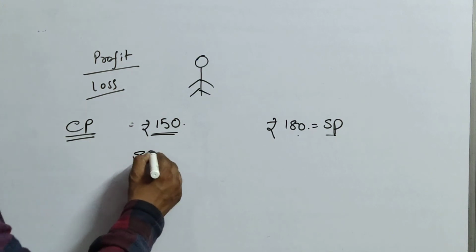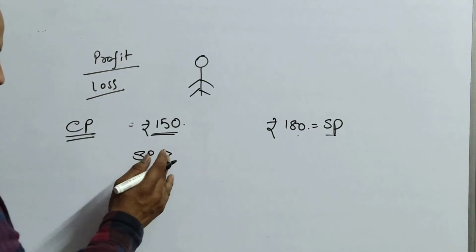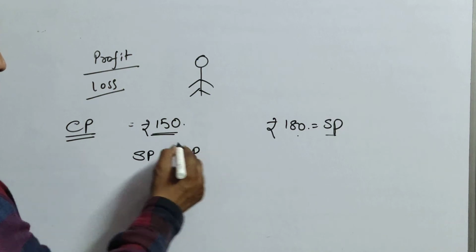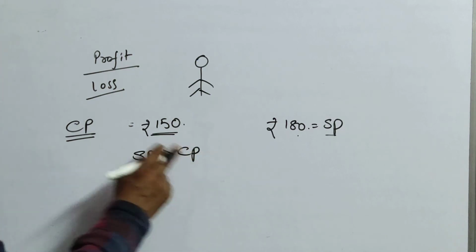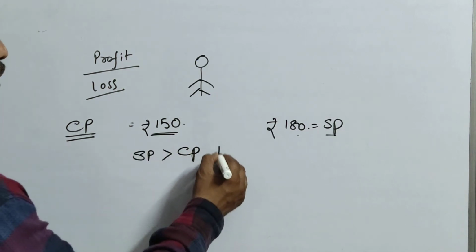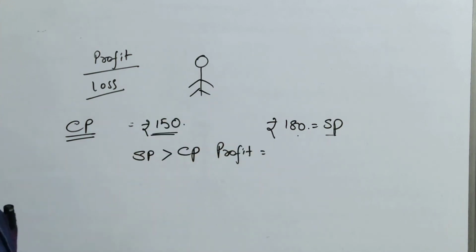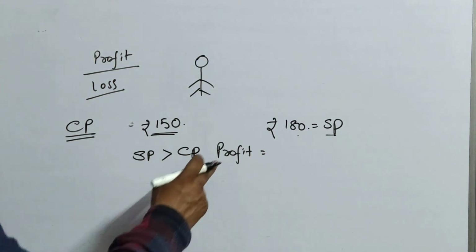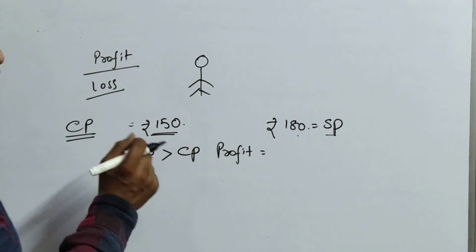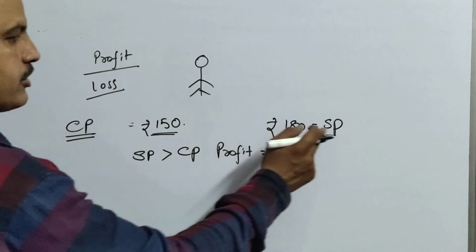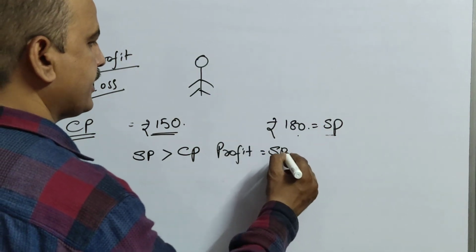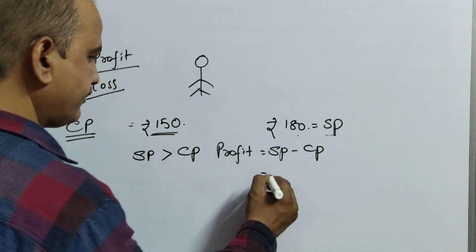If selling price is more than CP, then you will always get profit. No need to memorize any formula here. To get the profit, profit equals SP minus CP.